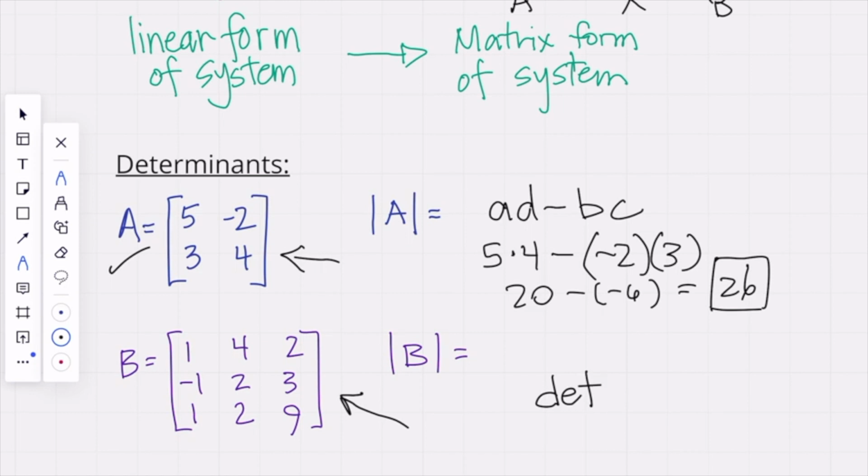You would just do DET of matrix B if you've already put matrix B in there, and you should end up with a value of 52. One thing to remember is determinants are numeric values. They're not matrices. They're just one number that's associated with the matrix.